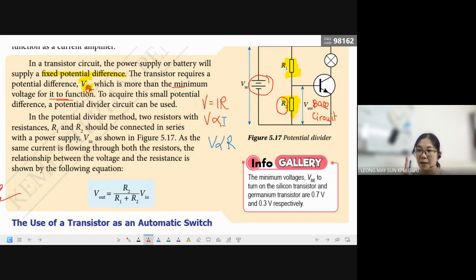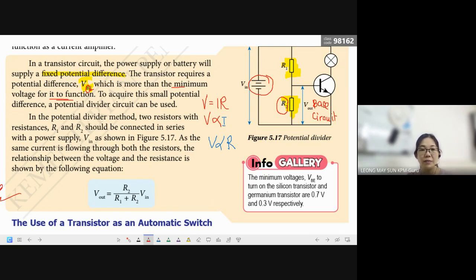When it's one power supply, the potential difference from the battery is too high for the base. Remember from previous slides, when the base current is too high, the transistor will heat up and burn. So you need to lower the base potential difference.